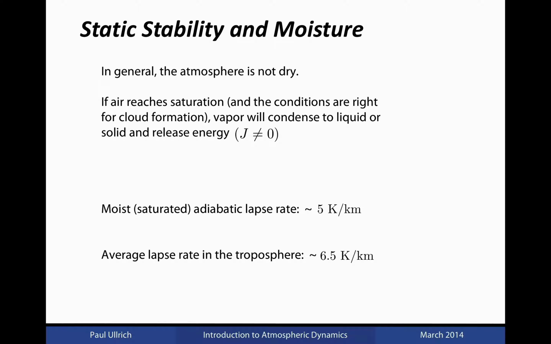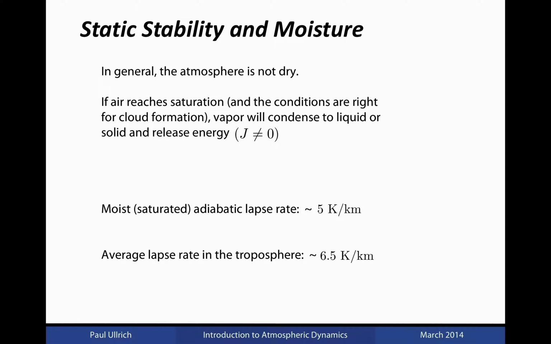And so the lapse rate then is reduced for the fluid parcel whenever condensation is present. That is, the condensation provides a mechanism that counteracts the adiabatic cooling that occurs when the fluid parcel reaches lower pressures. Typically, the moist or saturated adiabatic lapse rate is approximately 5 K per kilometer in the troposphere.